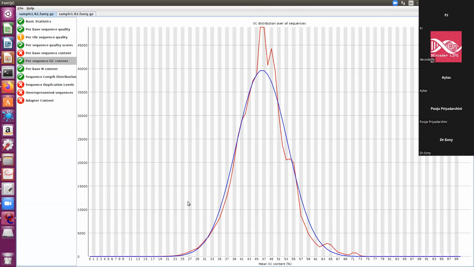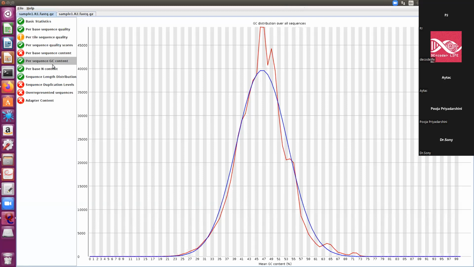This is a theoretical distribution, and it is never observed to be exactly theoretical; it is always a bit different. The theoretical GC content is blue, and the red one is what is observed in our case. The majority of the reads have a GC content around 50 only, but a few reads show a little divergence, though overall it is around 50.